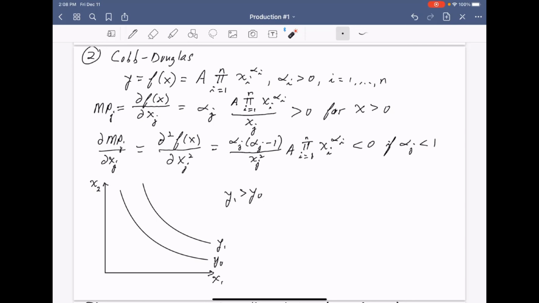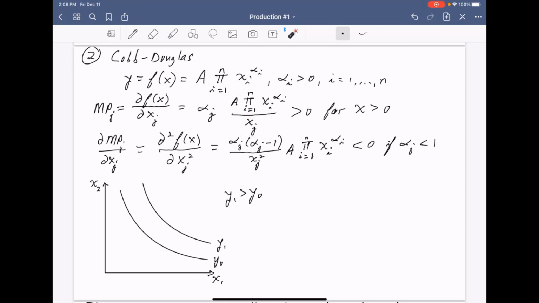The marginal product of any input j is given by the partial derivative of output with respect to xj, and in this case for the Cobb-Douglas production function, it's given by alpha j times y, divided by xj.